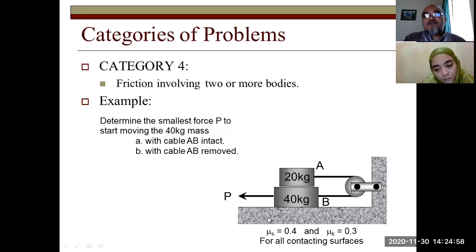Okay, so this is the case when there is pulling and there is a cable between A and B connected through a pulley.